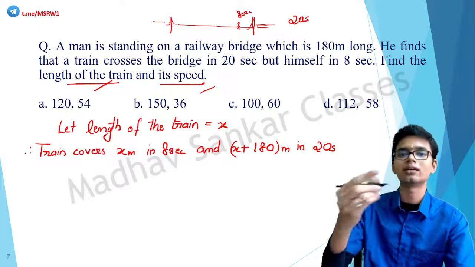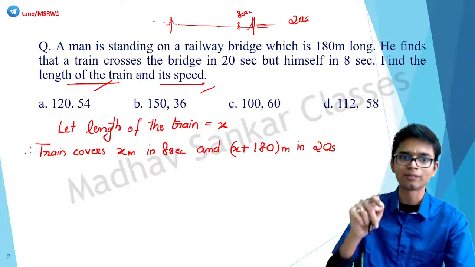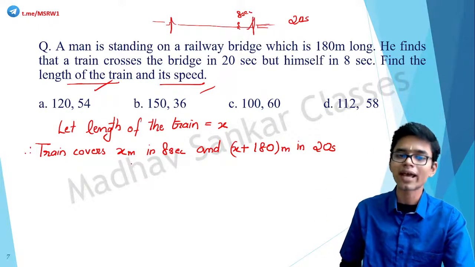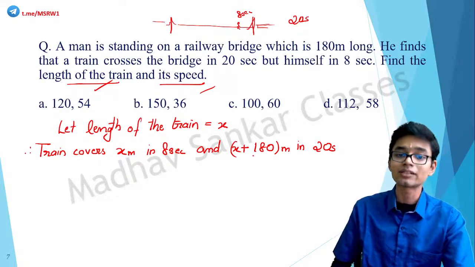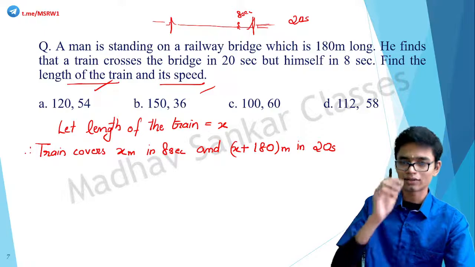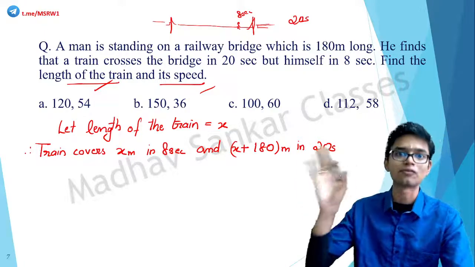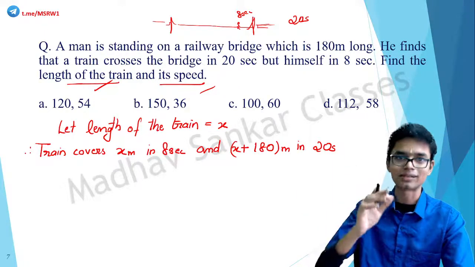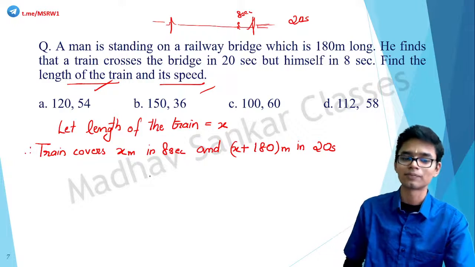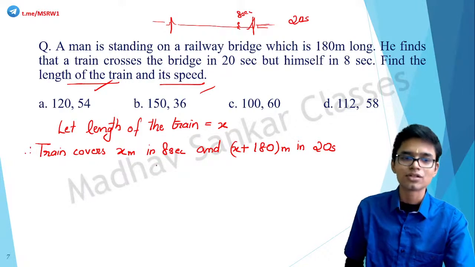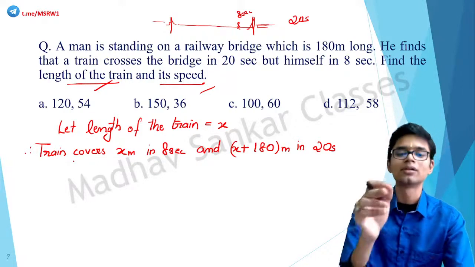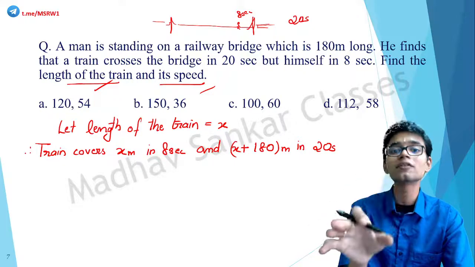We know from the formula we write it as L. So the train covers x meters in 8 seconds, given in the question, and x plus 180, the length of the train plus length of the platform together in the second case, takes 20 seconds. Correct? So we can write, but the thing is, the speed of the train remains the same.